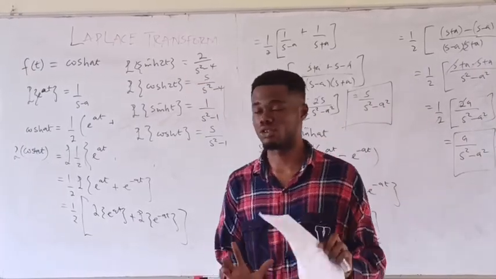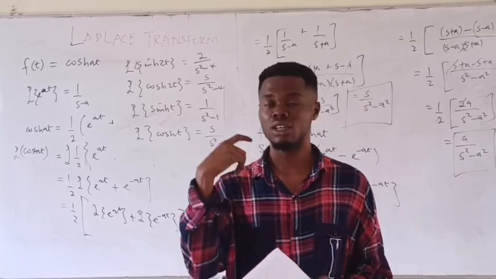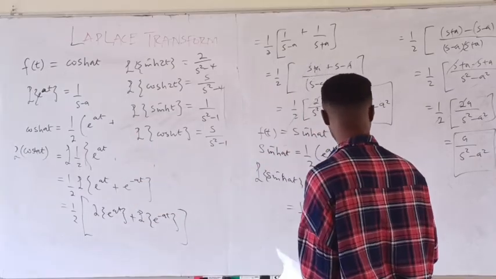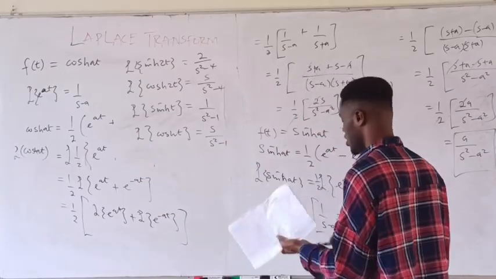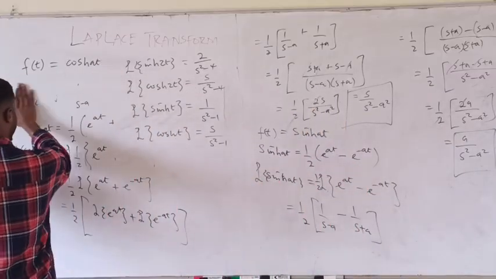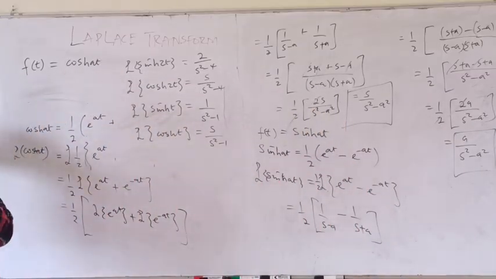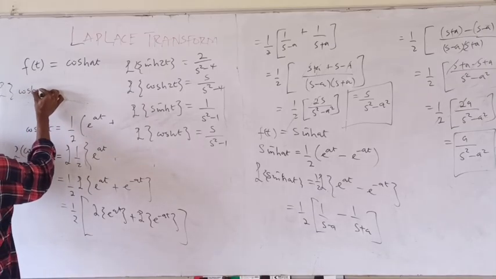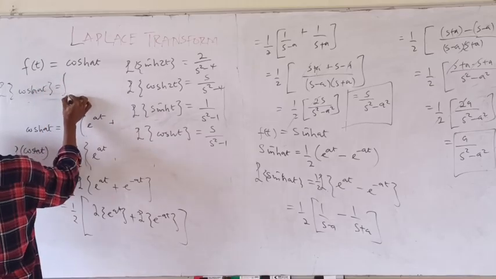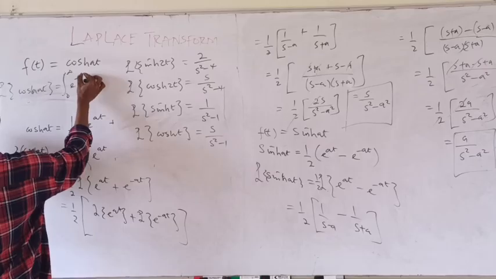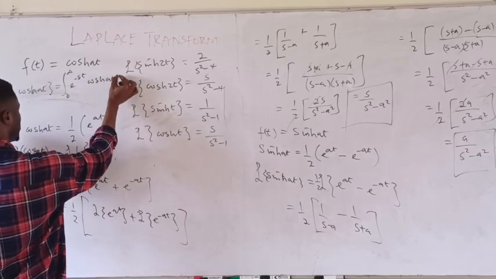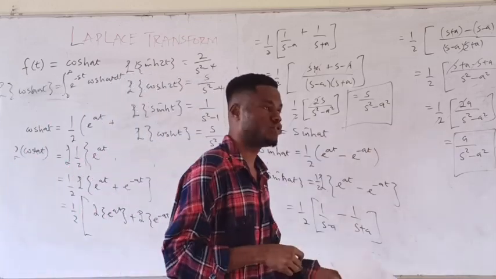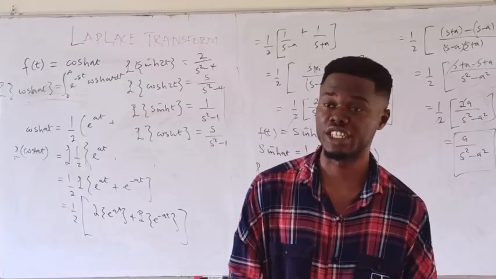Another method, which I'm not going to do now, is using integration by parts again to solve the Laplace, having in mind that the Laplace of cosh at is equal to the integral from 0 to infinity of exponential of minus st cosh at dt. But if I should use this method, it's actually going to be very long. That's why I decided to use a shorter approach by employing my knowledge of the hyperbolic functions.